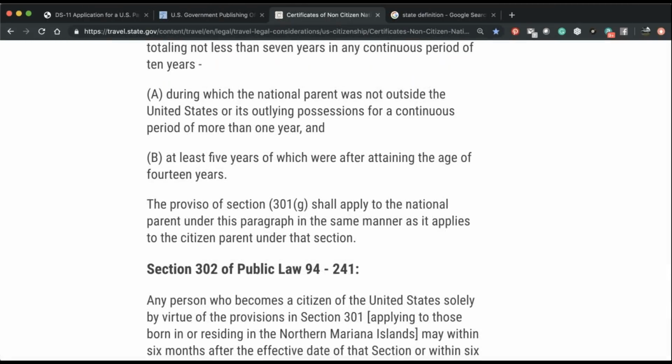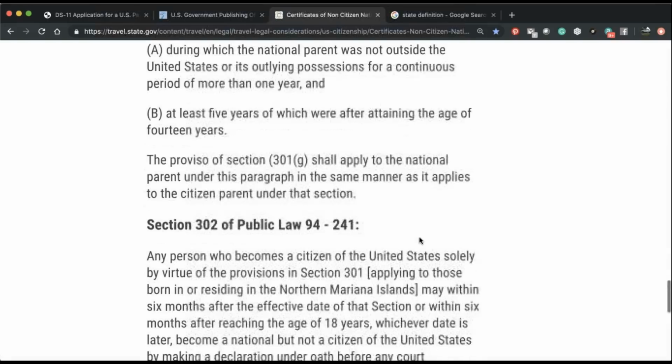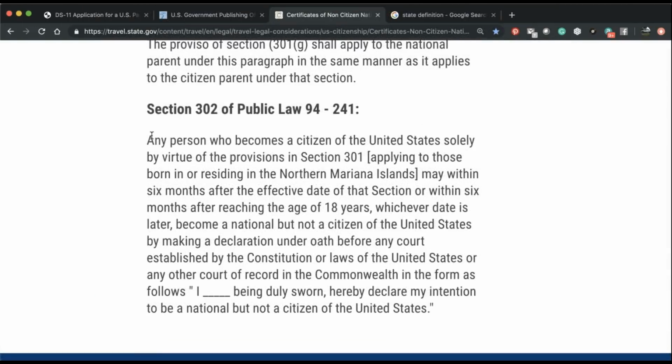The provisions of Section 301(g) apply to national parents under this paragraph in the same manner as they apply to the citizen parent under that section. I read this to you earlier.